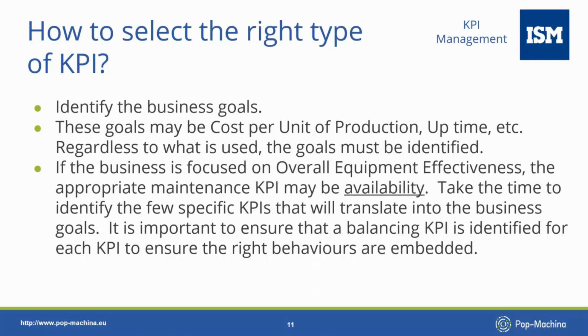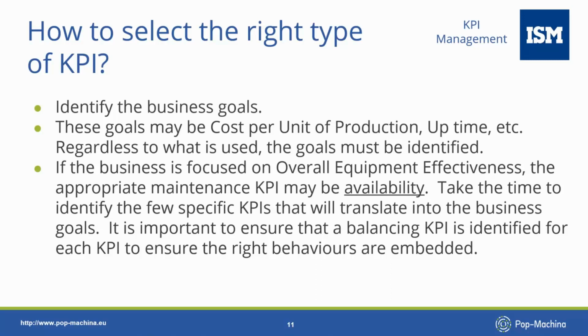It is important to ensure that a balancing KPI is identified for each KPI to ensure the right behaviors are embedded. What does it mean? It means, for example, we can have a KPI for productivity.